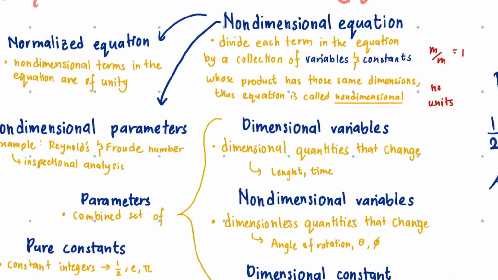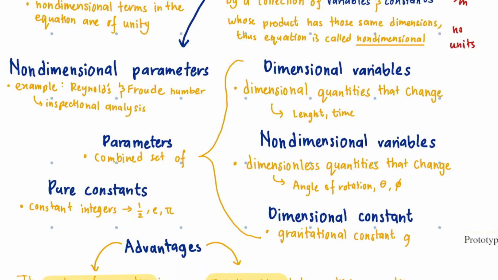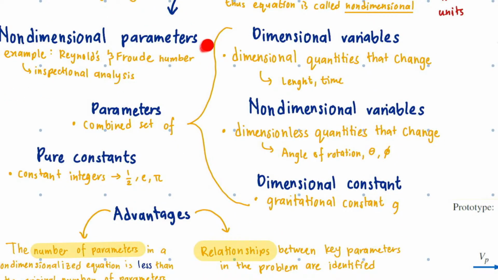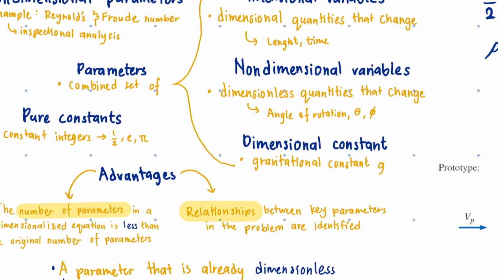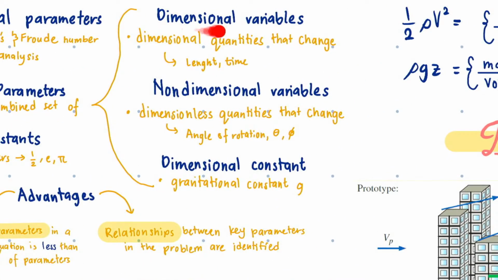So we have here the normalized equation and non-dimensional parameters, which will be further discussed. We have dimensional variables such as length and time, which are the primary dimensions.